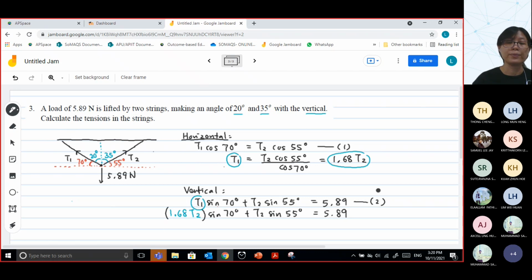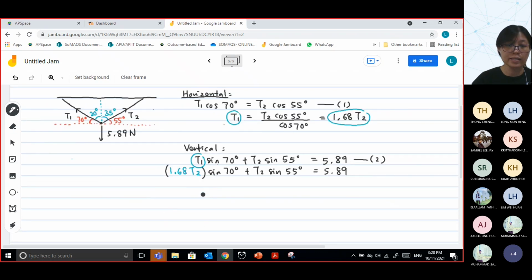Let's simplify this. 1.68 times sine 70, then plus T2 sine 55. You can simplify the left first: 1.68 times sine 70, then plus sine 55. The left-hand side you get 2.40 T2 equals to 5.89.